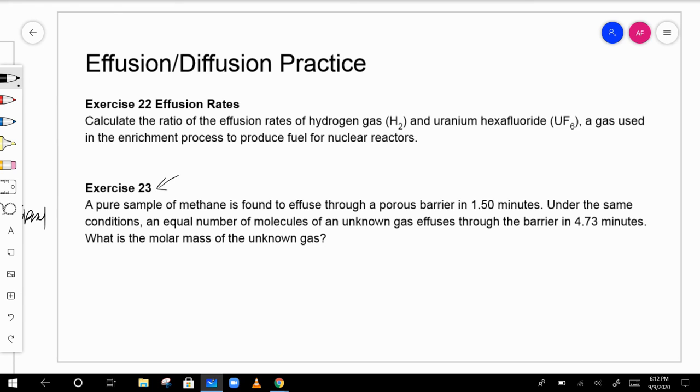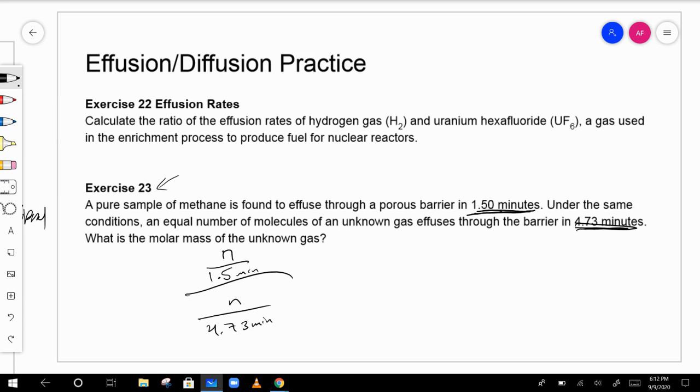A pure sample of methane is found to effuse through a porous barrier in 1.5 minutes. Under the same conditions, an equal number of molecules of another gas effuses through the barrier in 4.73 minutes. So the same number of moles. So N over 1.5 minutes over N in 4.73 minutes.